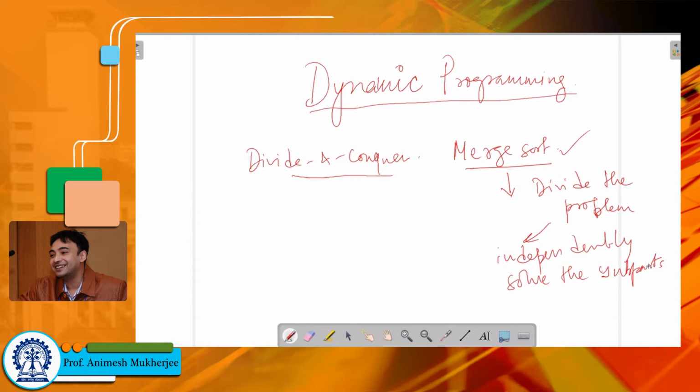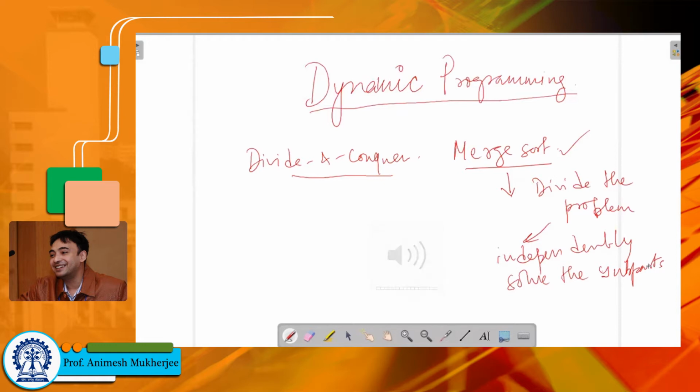So therefore there is a need that all the subparts that you divide the array into need to be independently sorted. And the sorting of each of the subparts does not depend on the sorting outcomes of the other subparts.